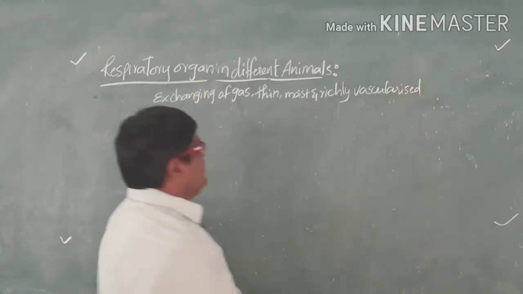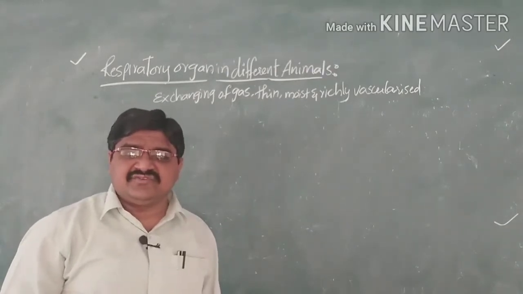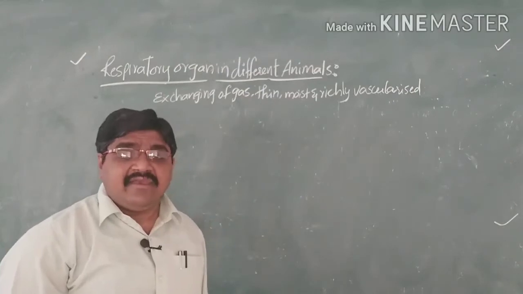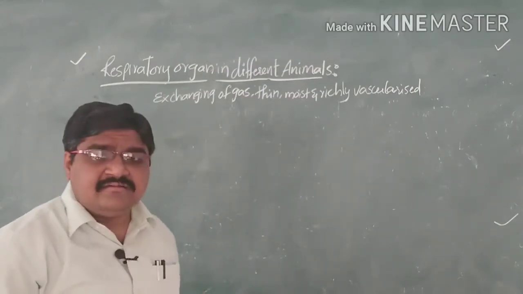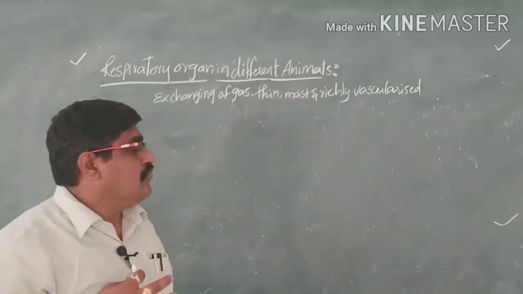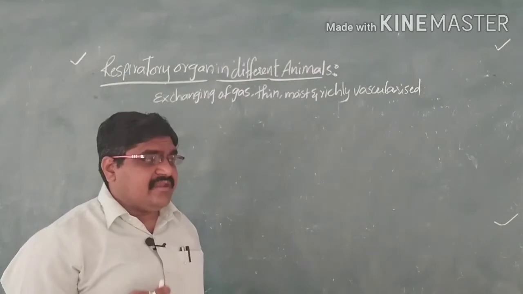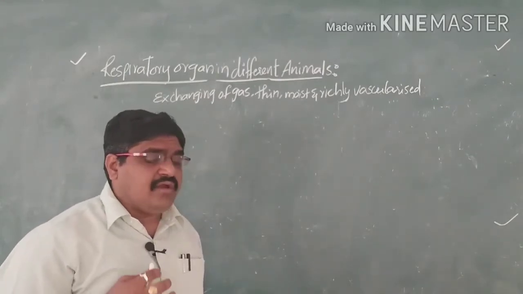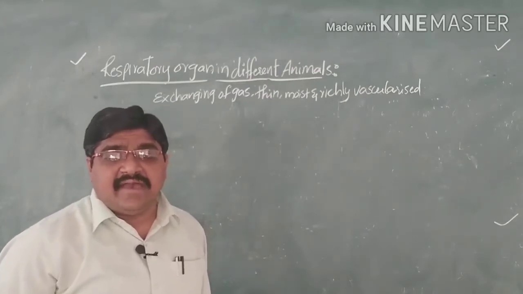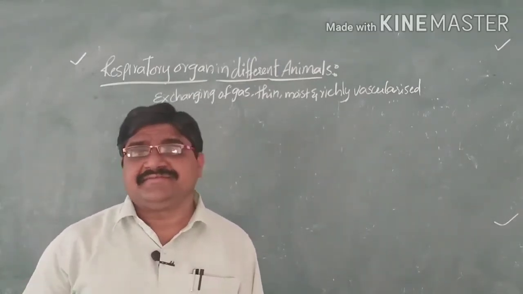That means the respiratory structures present in different organisms are thin, moisture is present, and they have a rich blood supply. So we call them richly vascularized layers.